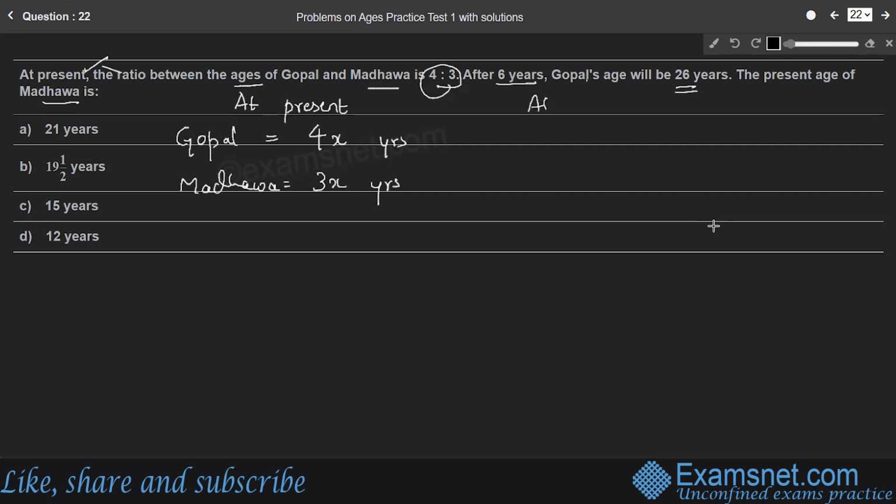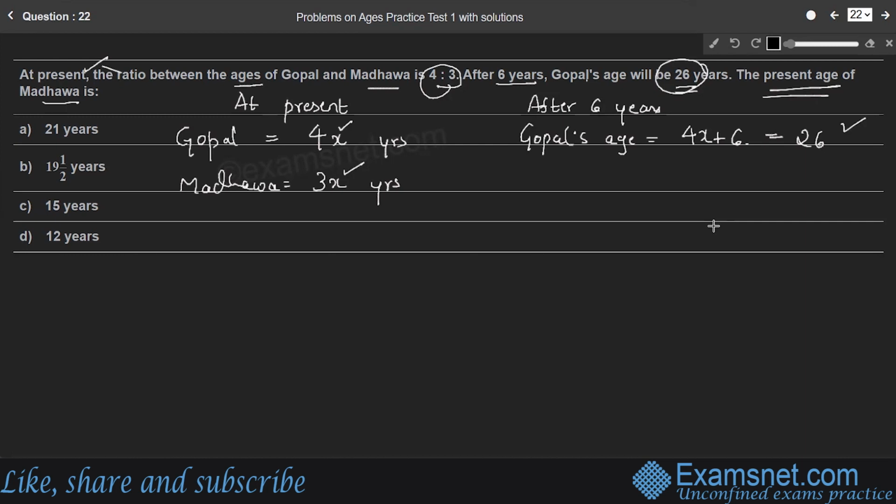We'll consider their ages after 6 years. Gopal's age after 6 years will be 4x, the present age, plus 6 years. But it is given that after 6 years his age will be 26 years. So we can equate 4x plus 6 to 26. Here we need to calculate the present age of Madhava, so we need to find the value of 3x years. For that we need the value of x.